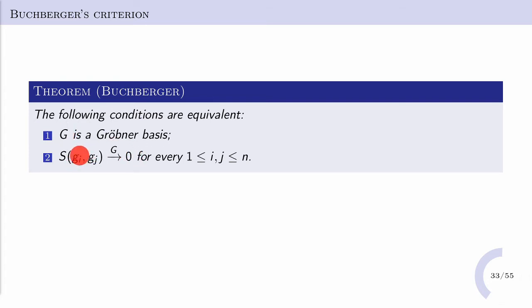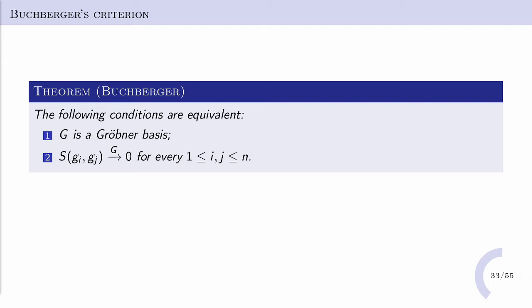Observe that here we have only finitely many polynomials to check, because we check only the gi and gj belonging to G, and G is a finite set. So we have only finitely many pairs. In fact, there is no point in checking gi and gi, because the S polynomial of gi and gi is 0, and 0 reduces to 0.